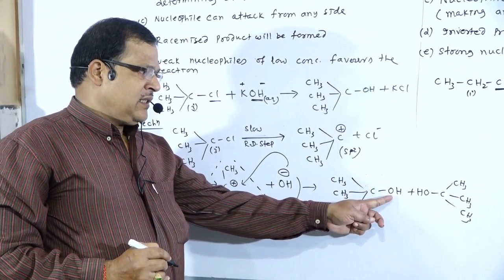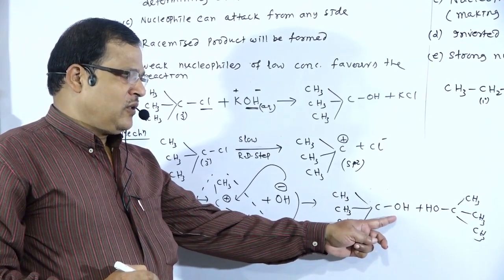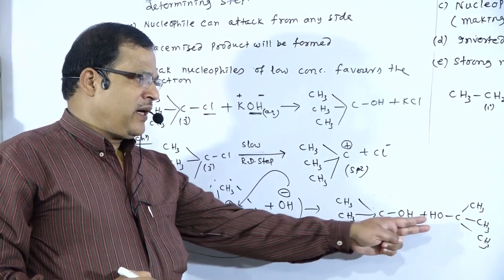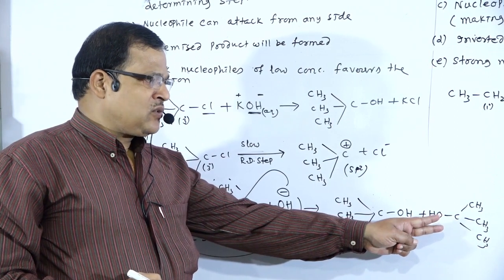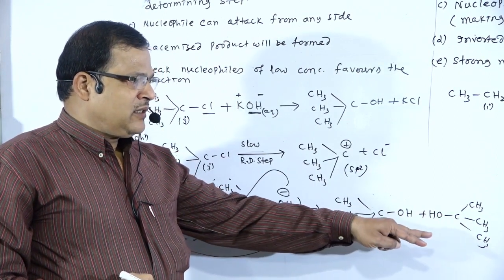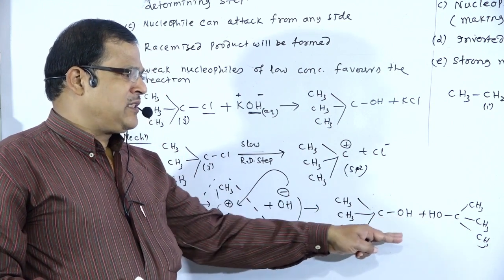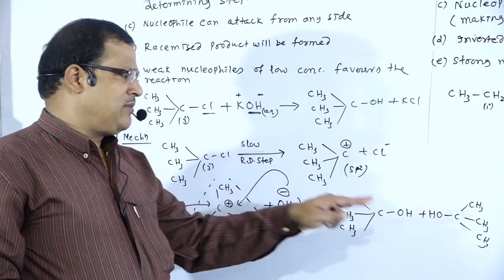That is retention in configuration. But in the other case, chlorine is attached to that point and just behind it the OH group is attached. Therefore, that is a racemized product.